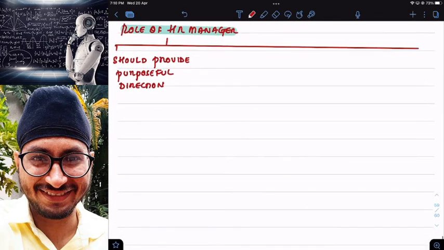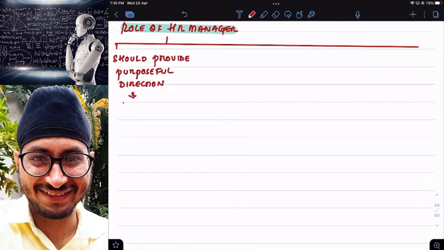It means objectives. Clear? Ensure that the objectives of the organization are the objectives of the employees. How do I move in the desired direction, sir? Let us say, achievement of my vision.